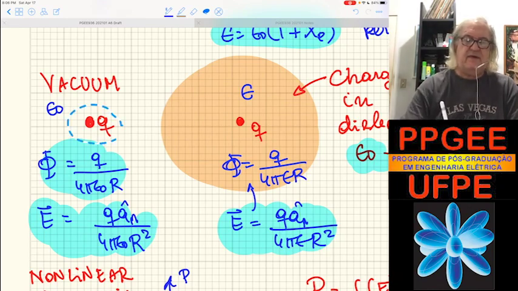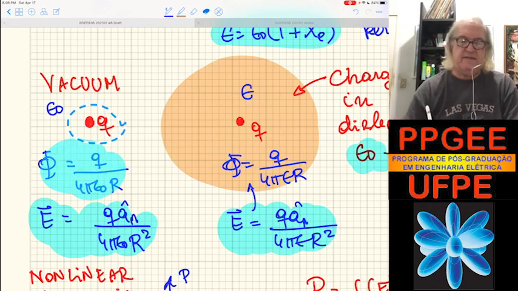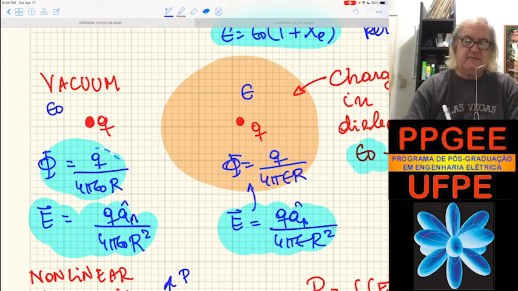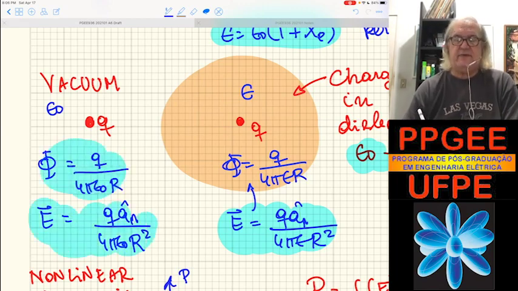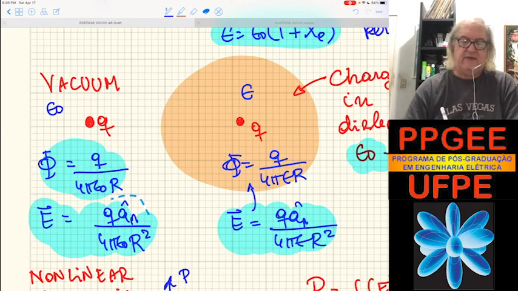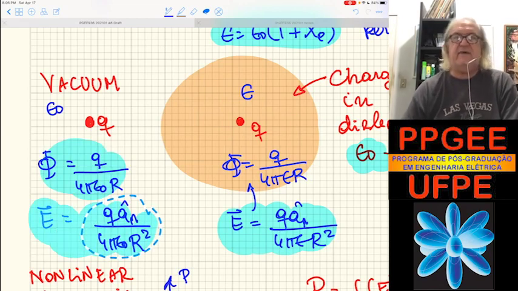the field of a point charge, the potential, you have those expressions, right? Q over 4 pi epsilon 0 r, and the vector is Q r-hat divided by 4 pi epsilon 0 r squared.